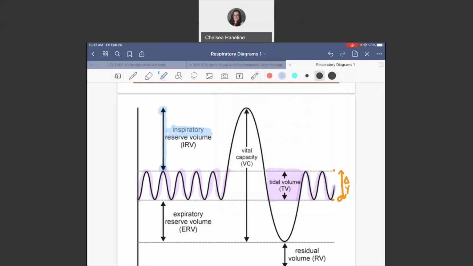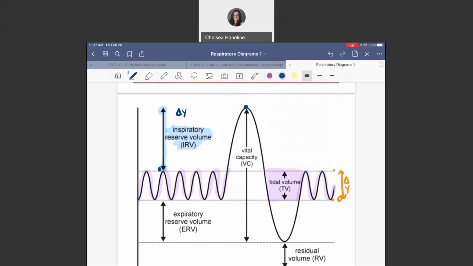And that's going to be your inspiratory reserve volume. Okay, so if mathematically you were trying to find that, you would need to find your delta Y of this point here to this point up here at the top of this graph here.